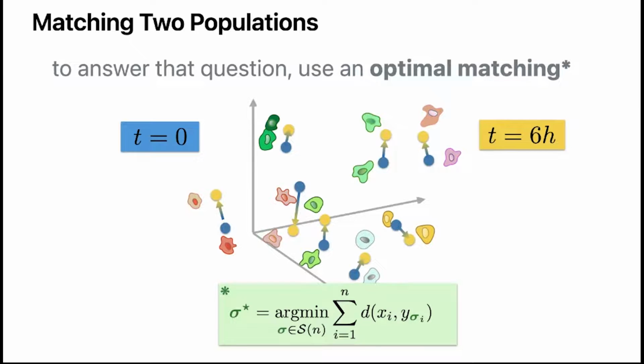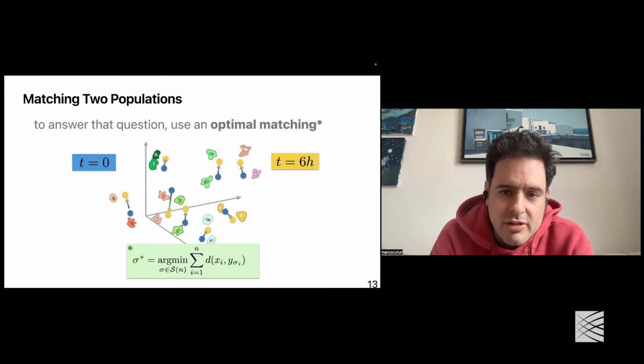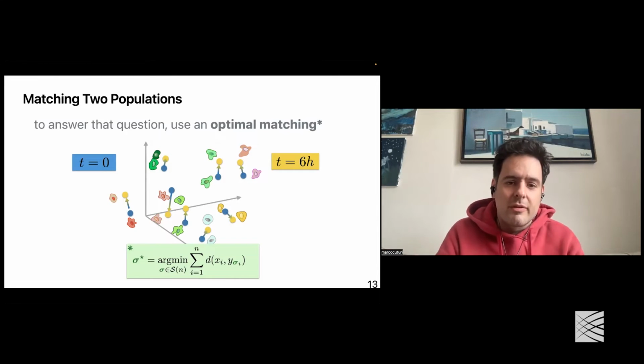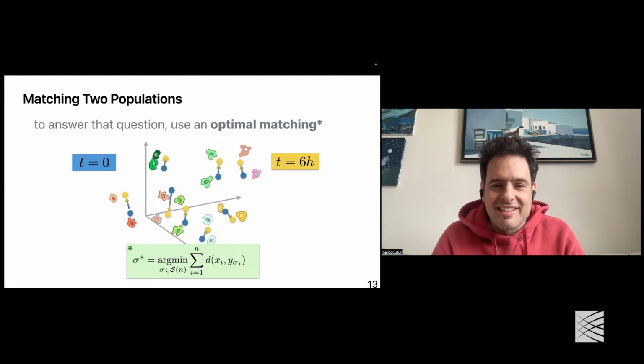And the main input that I'm getting here is this notion of distance between cells. So in this cartoon, of course, it makes a lot of sense, right? It seems very meaningful, very natural to say that those cells are probably related if in this 3D space, they are not too far away.